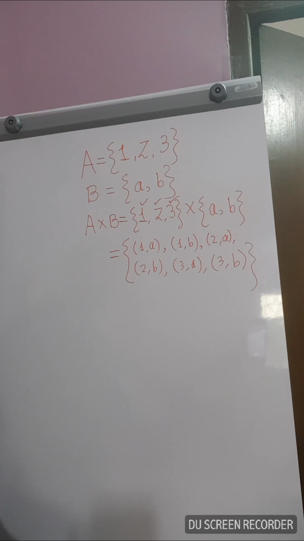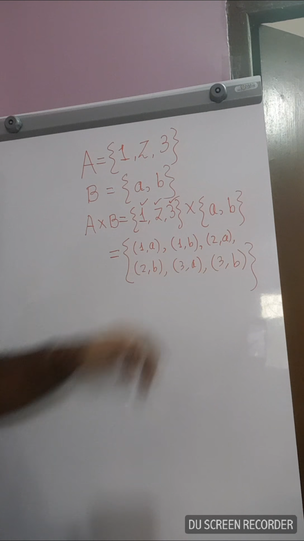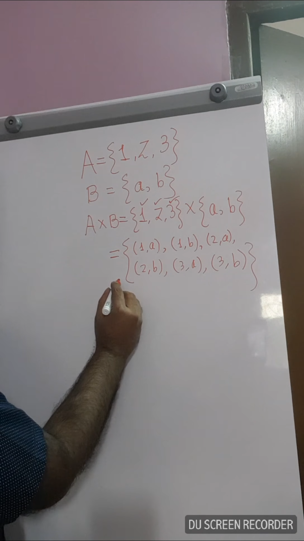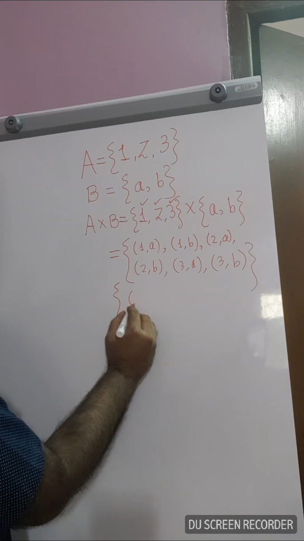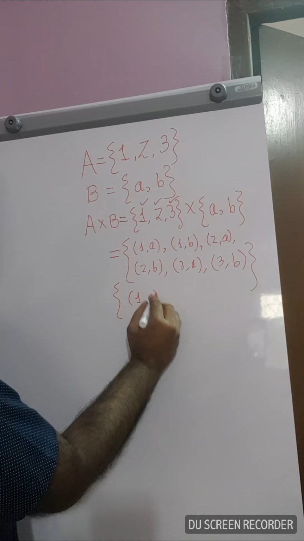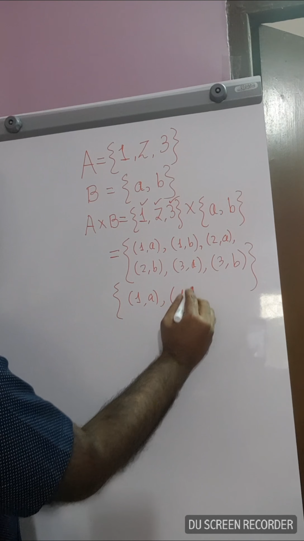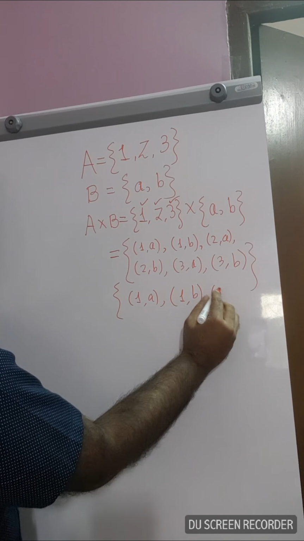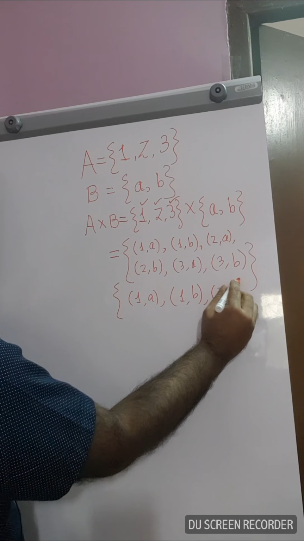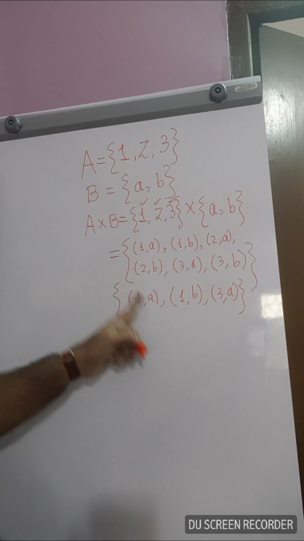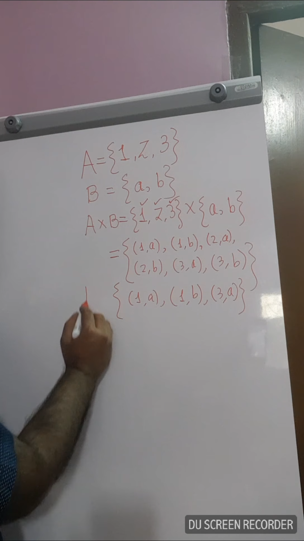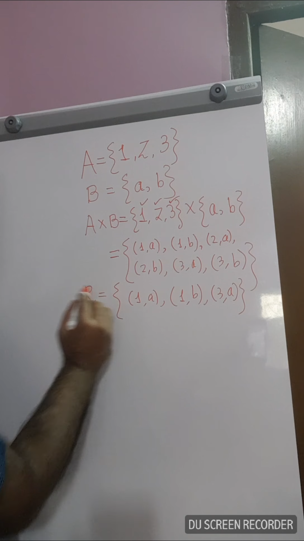So let me now choose some definite pairs from A cross B. Say we form a set 1A, 1B and 3A. So it is a subset of A cross B. Let us represent this subset by R1, say R suffix 1.